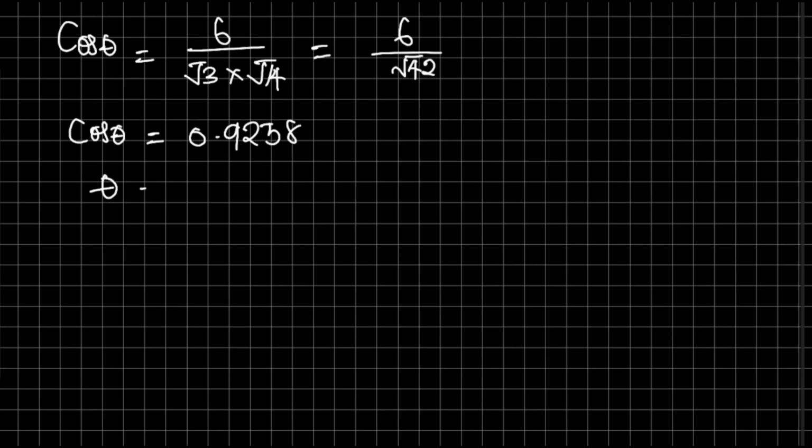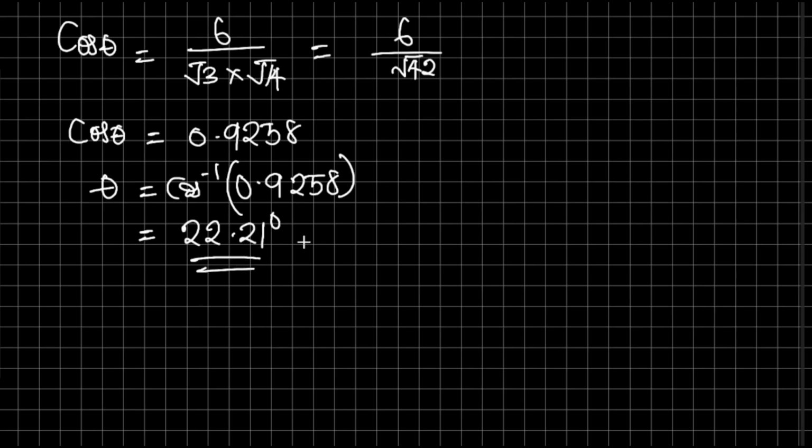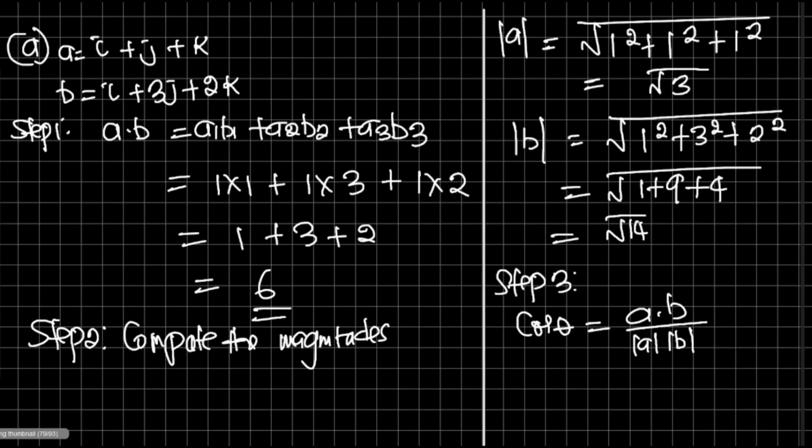So theta equals cos inverse of 0.9258. Taking the cos inverse of that, we have 22.21 degrees. So that's the angle between the vectors. So this is how to compute the angle between two vectors in 3 steps.